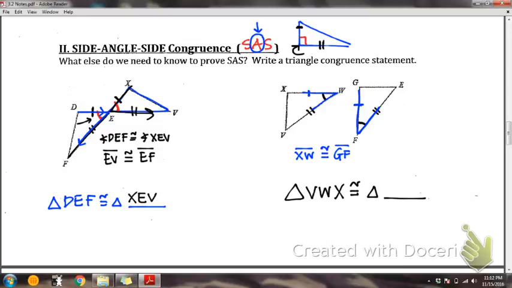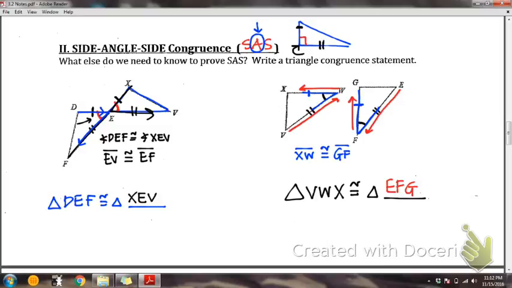VWX. So I started here and I went past the 2 hash marks to the 1 hash mark. So I'm going to start and go past the 2 hash marks. So I started at E and then go past 1 hash mark. So E, F, G would be correct. E, F, G. Don't forget your triangle symbols, please.